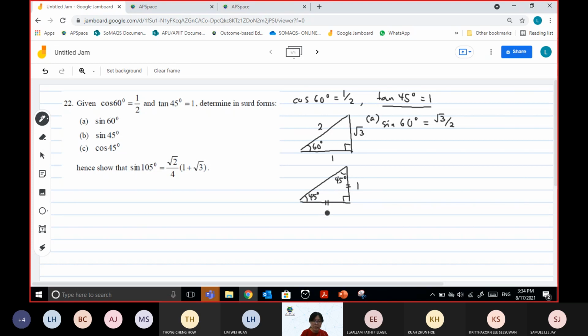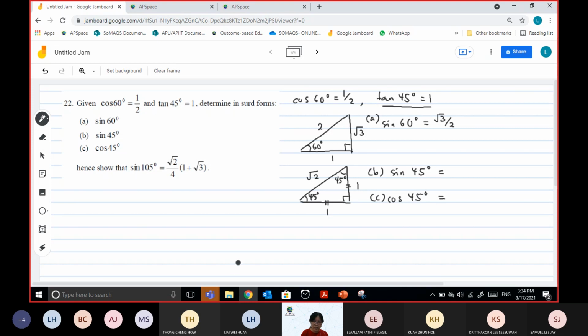So here is 1, here is also 1. That means here is the square root of 2, the hypotenuse. Then from this triangle, find sine 45 and also cos 45.